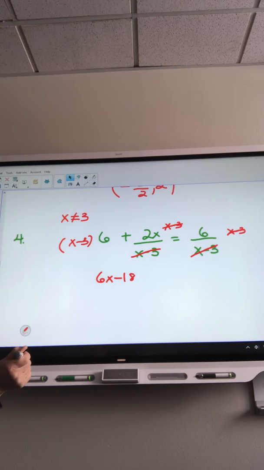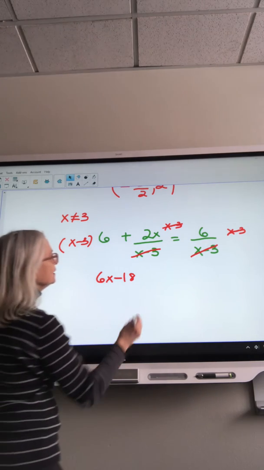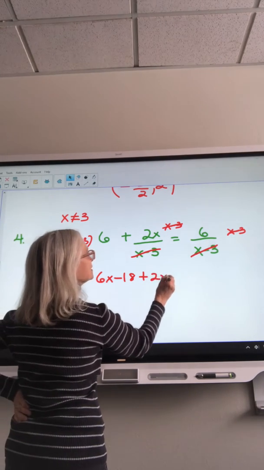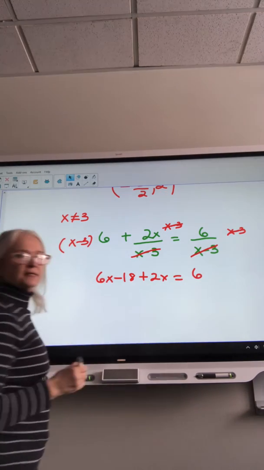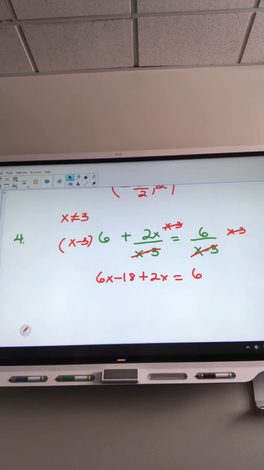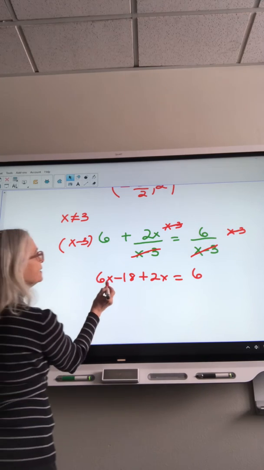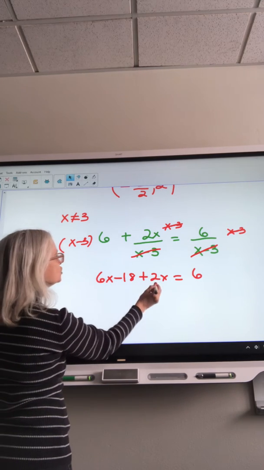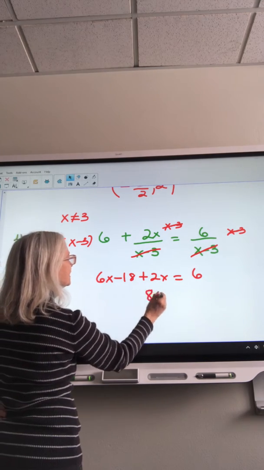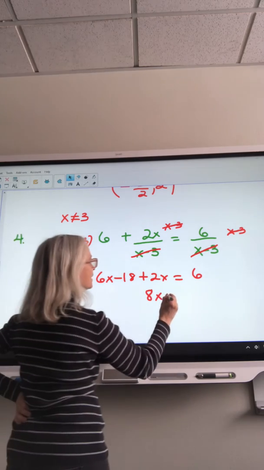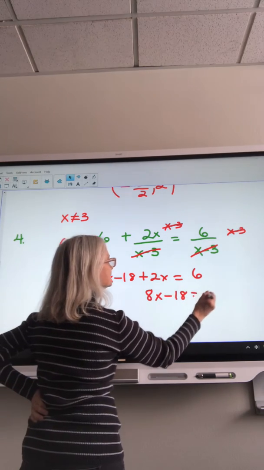So we have 6x minus 18 plus 2x is equal to 6. We can add the 6x and the 2x together to get 8x. So we've got 8x minus 18 is equal to 6.